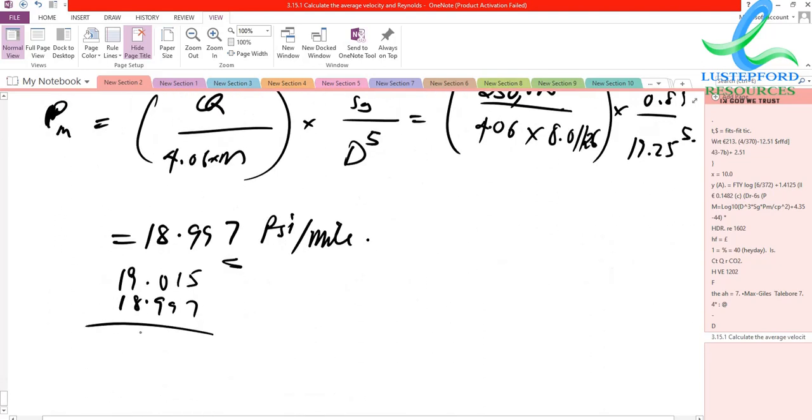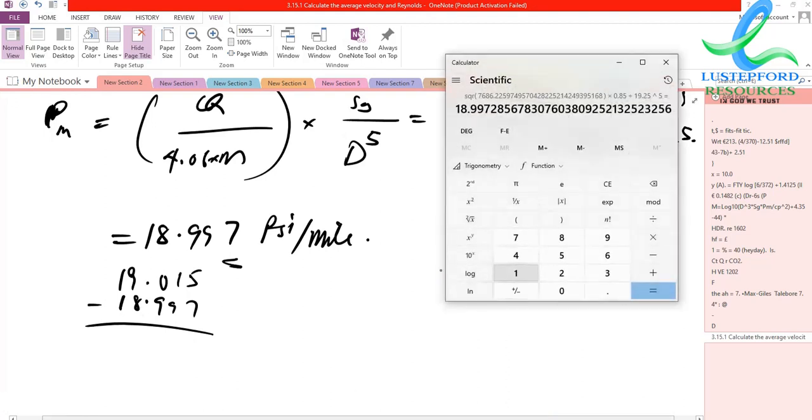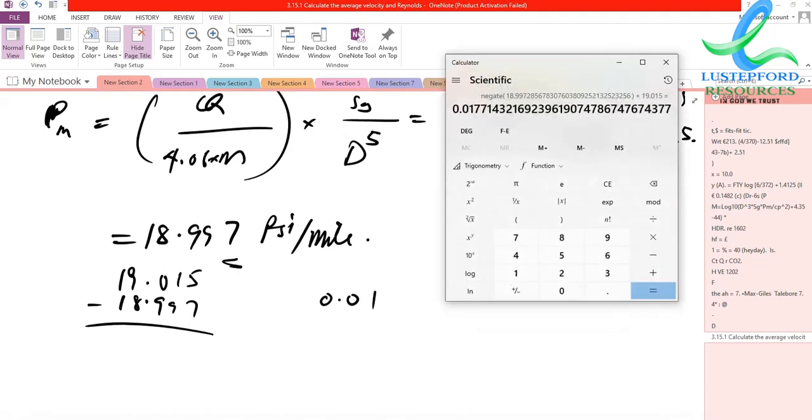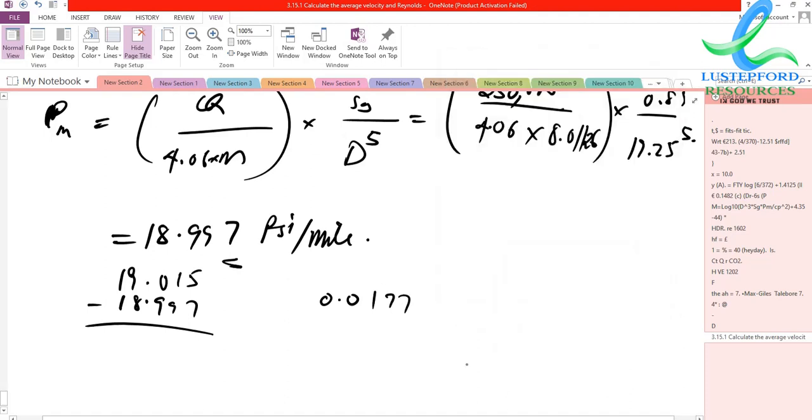So this is even very close, so we have 0.0177.